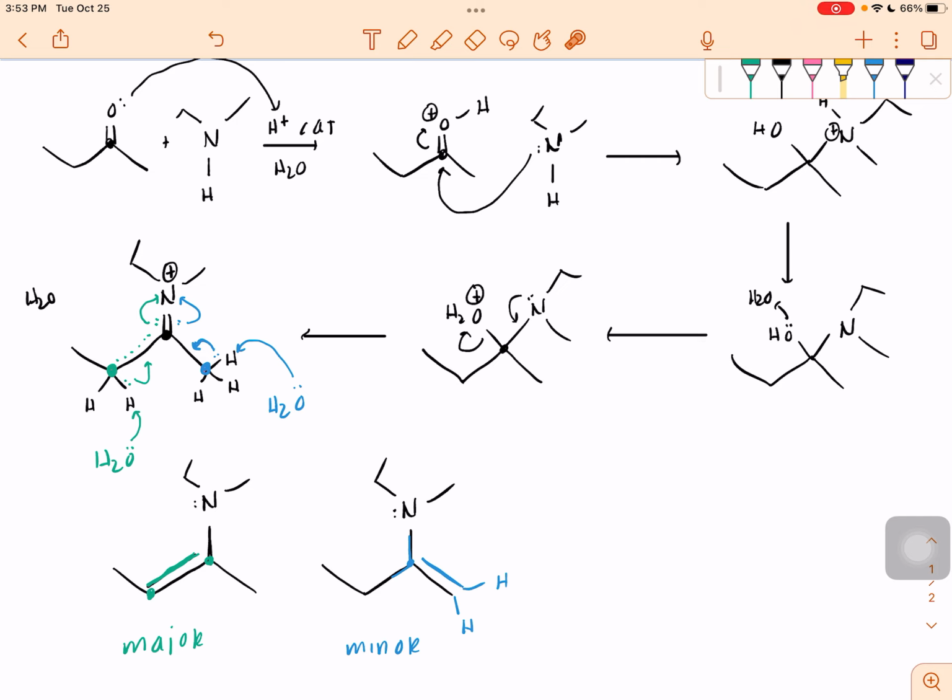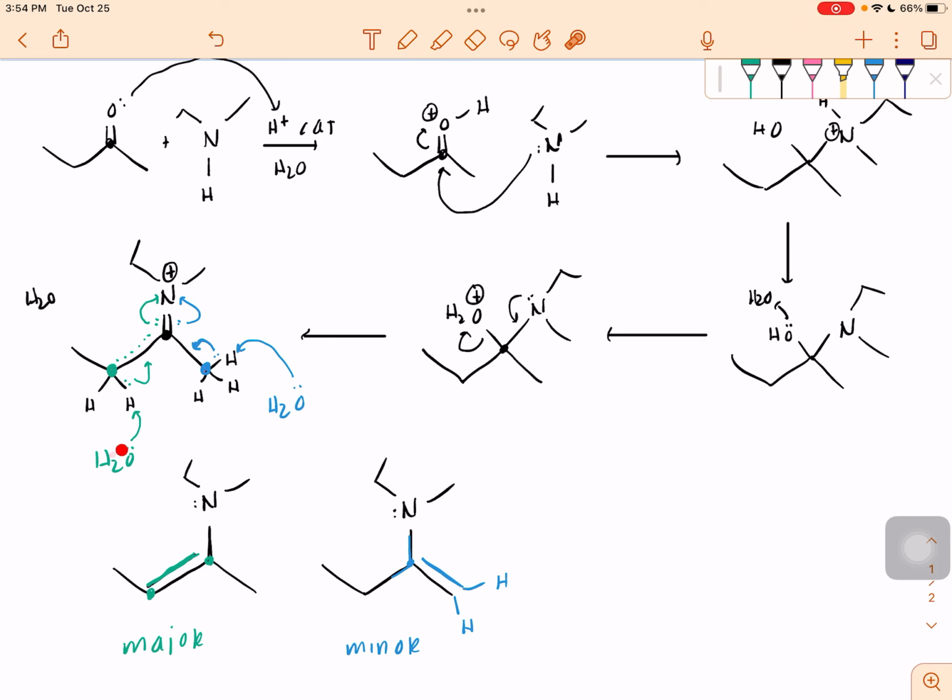So I can only take them adjacent from the carbonyl carbon. I cannot take them from carbons adjacent to the nitrogen. No, don't do that, please. So I have two options in this case because this side is an ethyl group and this side is a methyl group. So that'll give me two products.